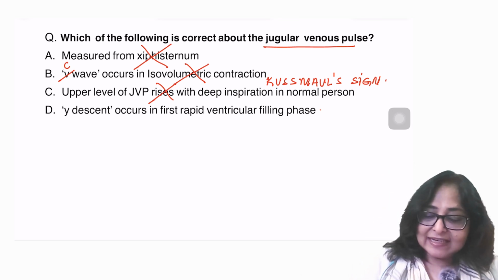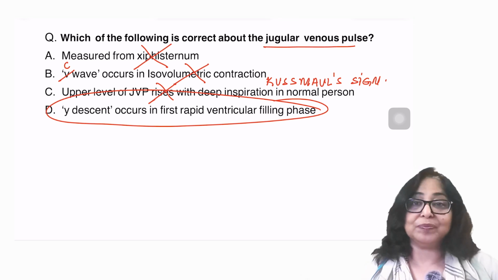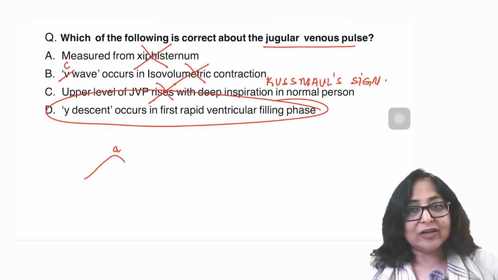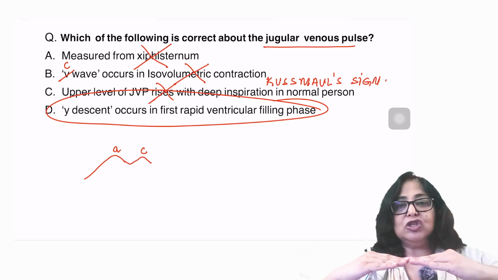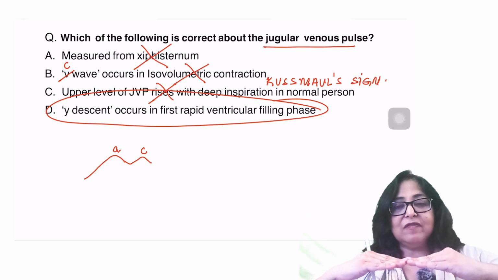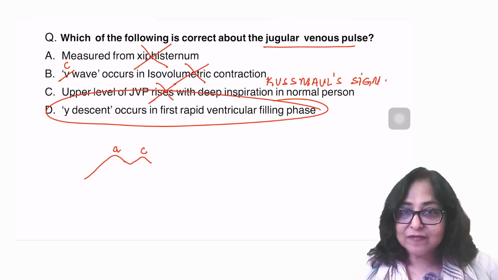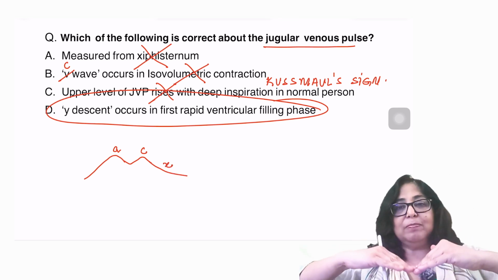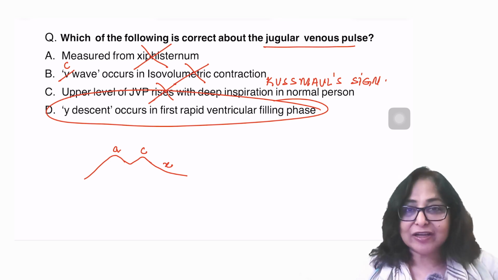Y descent occurs in the first rapid ventricular filling phase, which is true. The A wave of JVP is due to atrial contraction. C wave of JVP is due to bulging of the closed tricuspid valve into the right atrium during isovolumetric contraction phase. X descent, a downward pull of the closed tricuspid valve during the phase of ejection.